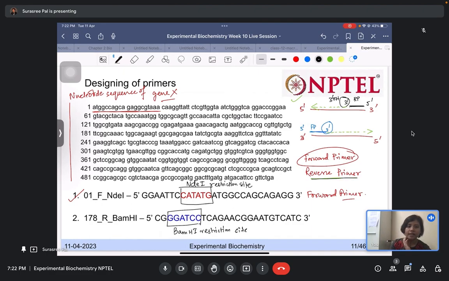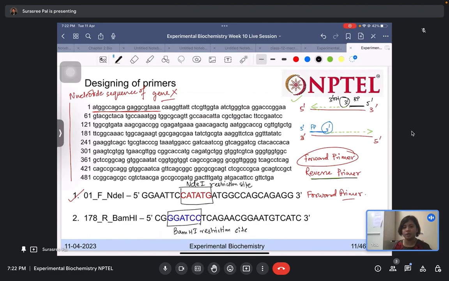So why do we provide this kind of restriction sites along with the primer? So that when our DNA is amplified with these restriction sequences, we can cut the DNA from these restriction sites and then we can ligate the DNA with our plasmid vector.